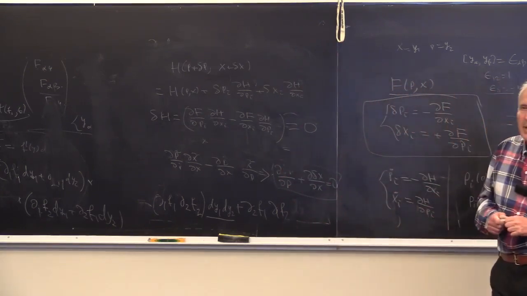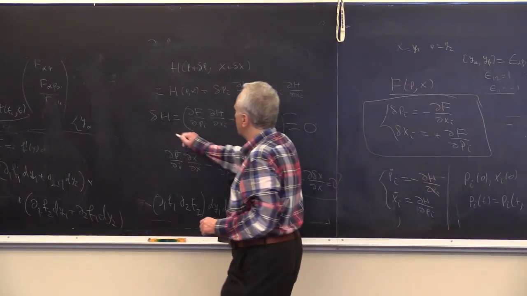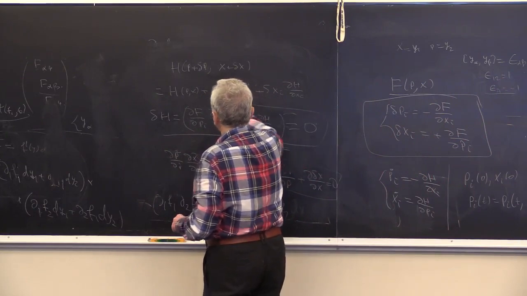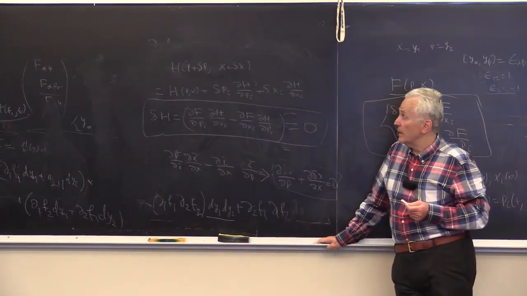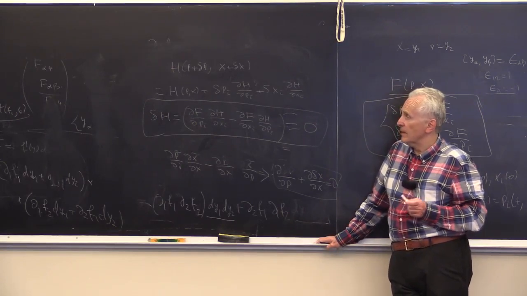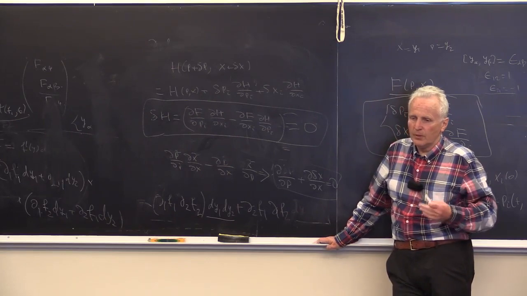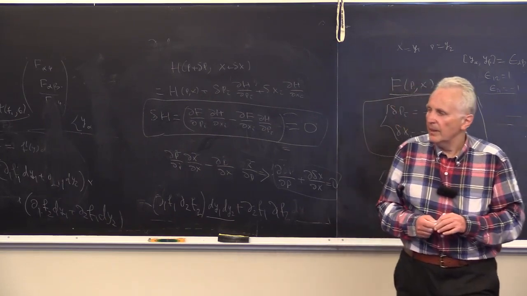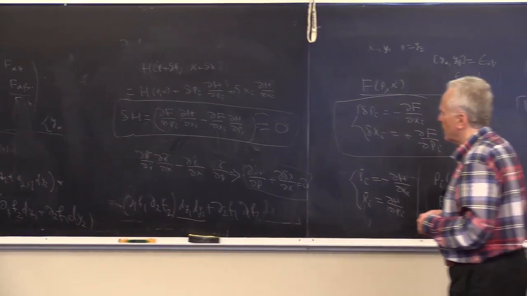So why am I saying that? Why does this relation, which is just a symmetry statement, simultaneously mean that we have an integral of motion, a conserved quantity, related to this? Because of the Poisson bracket?